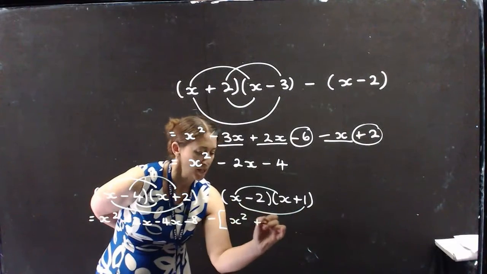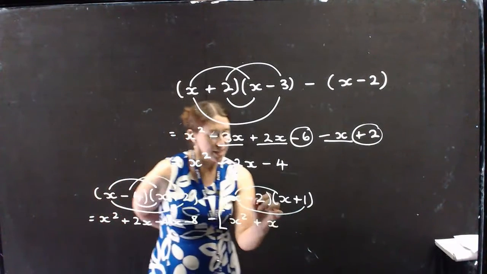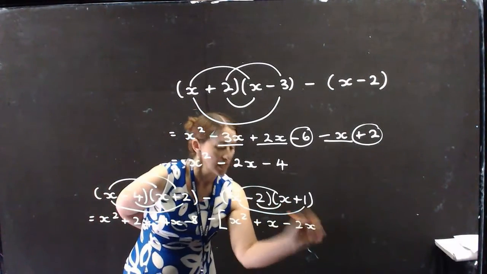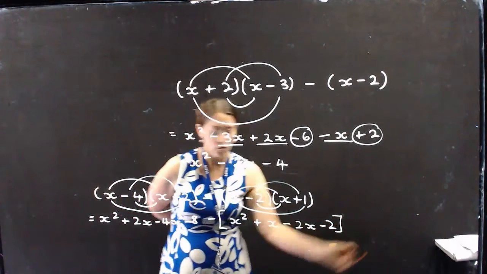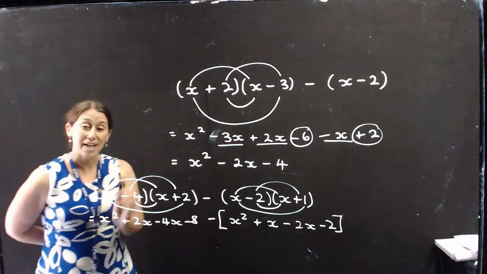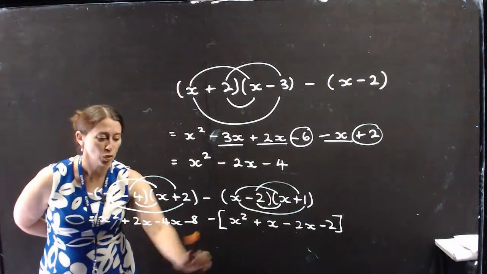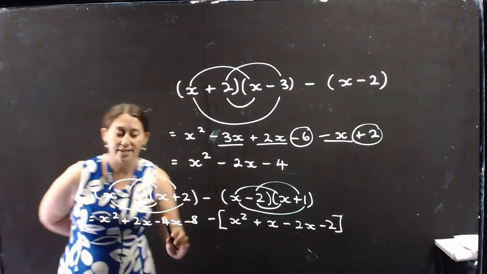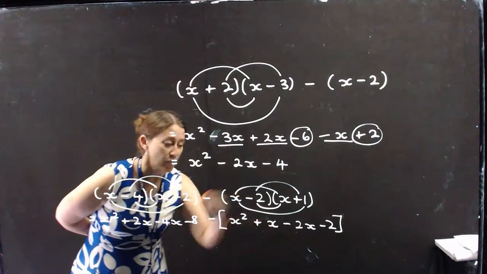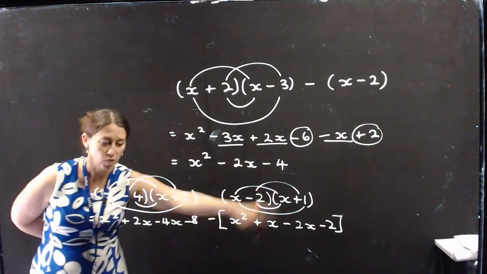Outer, 1x, you can just write x. Inner, -2x, and the last, -2. Now I've used these square brackets, happy to use round, it doesn't really matter. Now what I'm going to do is apply this takeaway, because it's all of this, take away all of that.